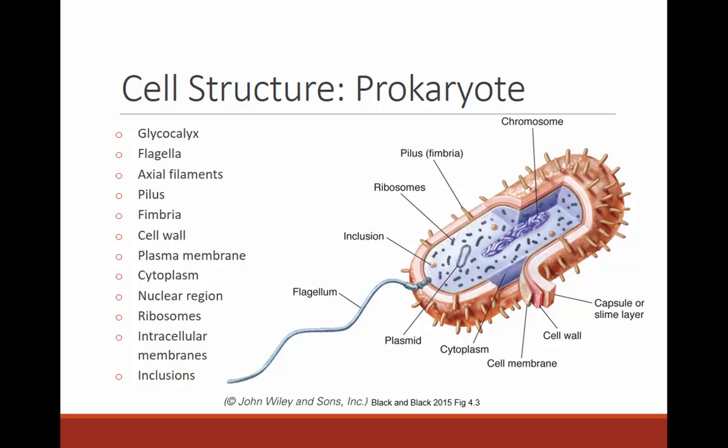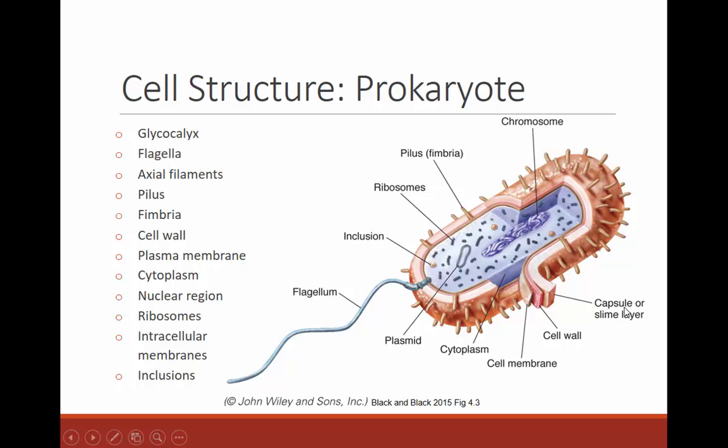Now, cell structure. I'm saying that it's a very simple cell, and you can see that it is, but it's got a lot of components, a prokaryote. Let's start from the outside in. So we've got the glycocalyx. This is the structure around the cell wall.